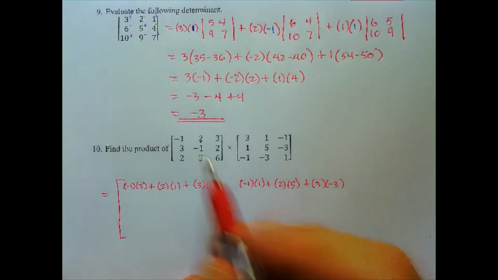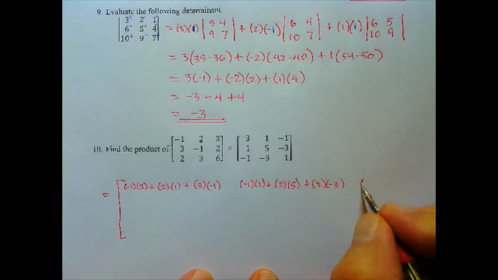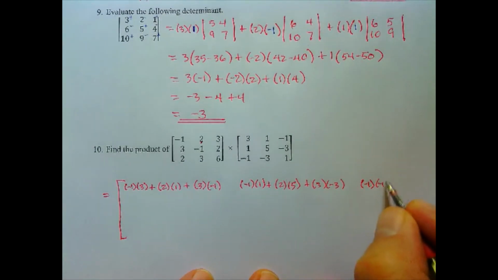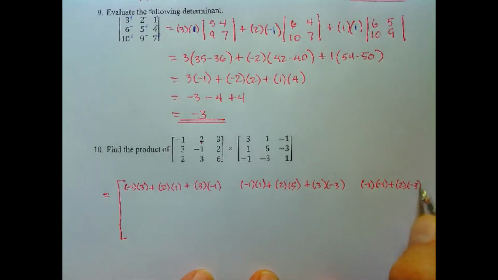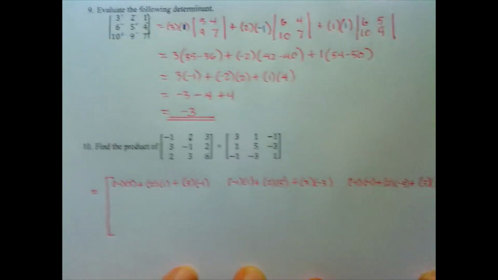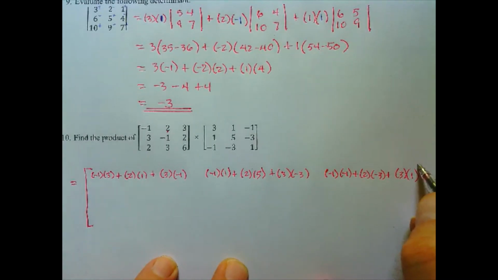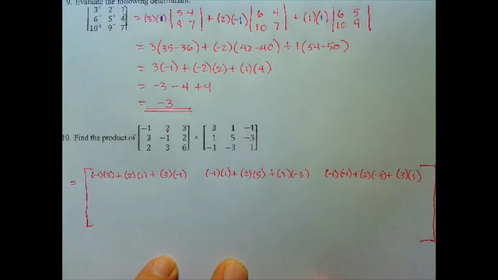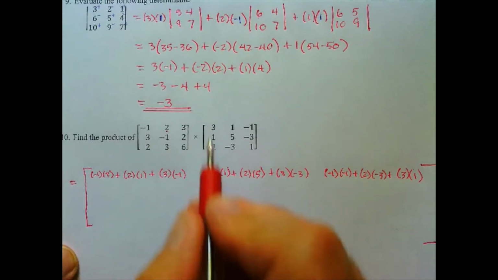And then finally, this first row across the last column, we're going to have -1 times -1 plus 2 times -3 plus 3 times 1. And then that will finish off the top row of our product.